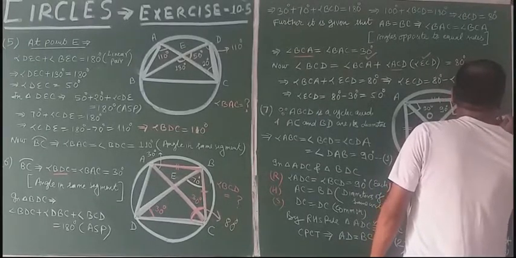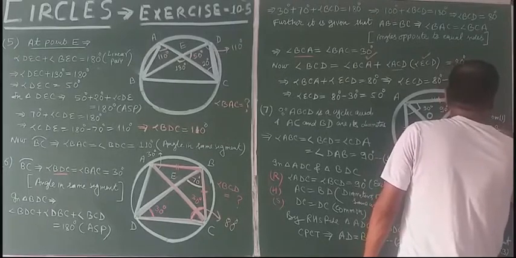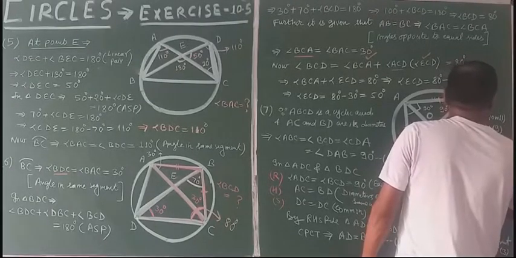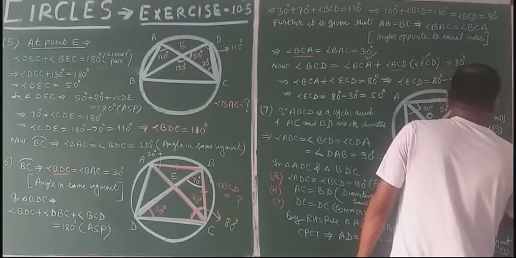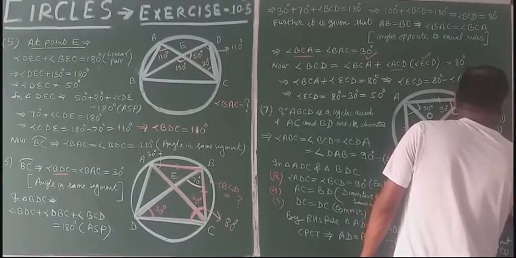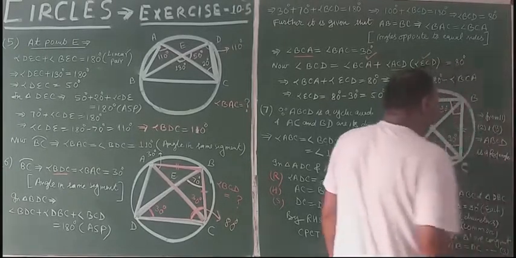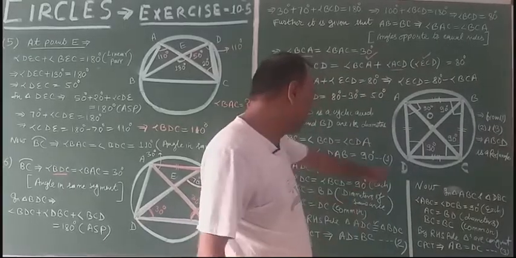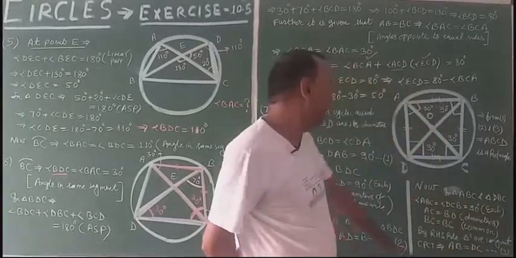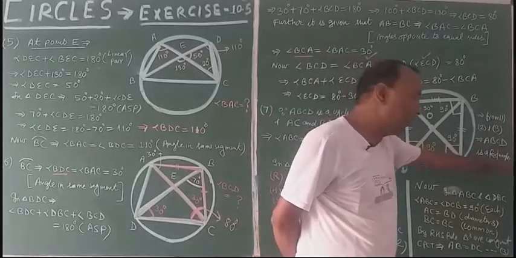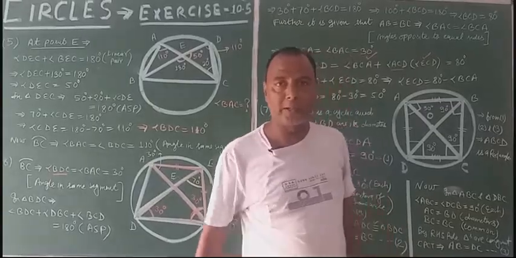From equations 1, 2 and 3, we can say that ABCD is a rectangle, and this we have to prove in this question.